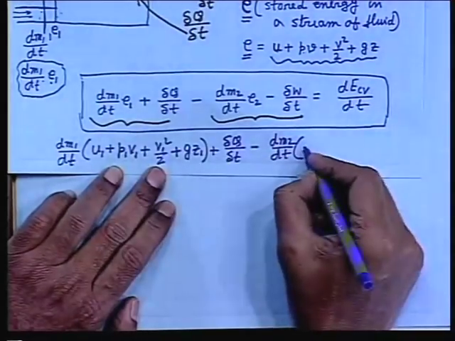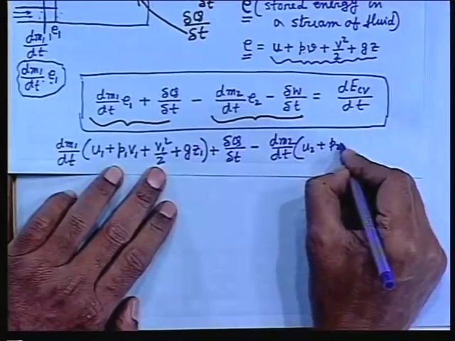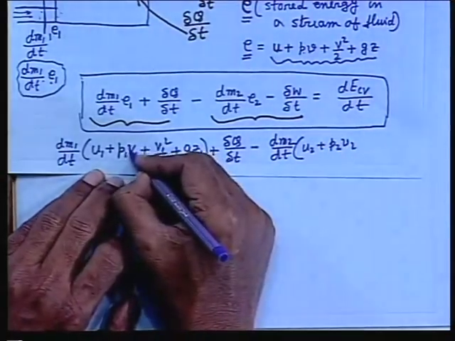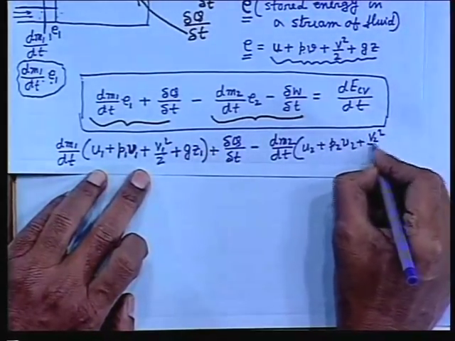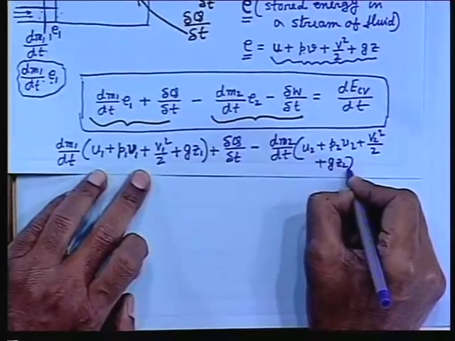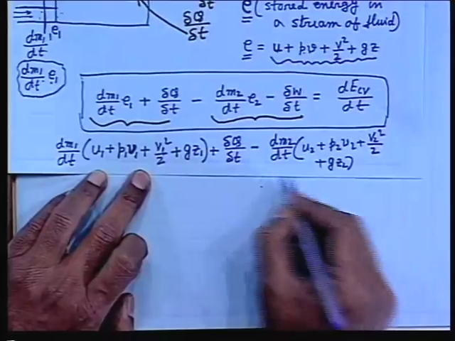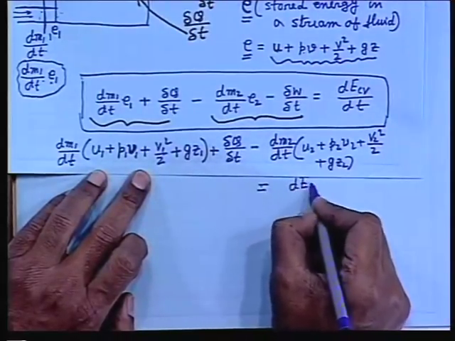So we are just splitting these E1, E2 terms: U2 plus P2 v2, I am sorry, it will be small v because it is per unit mass, plus V2 square by 2 plus gz2, is equal to dE_CV/dt.